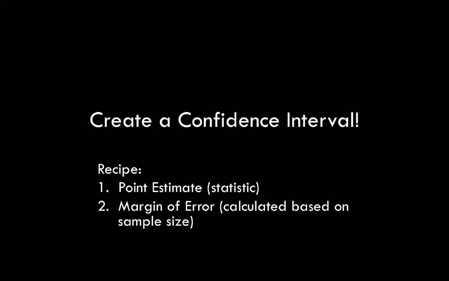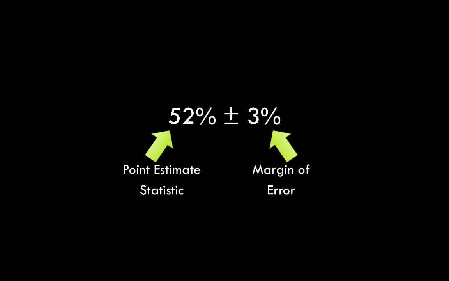We're going to create a confidence interval, and in order to do any confidence interval, we need a point estimate, which is a statistic from a sample, and we need a margin of error, which is calculated based on the sample size. So in this particular example, we have our point estimate, the statistic that was given, and a margin of error that we have estimated. We collected the sample, and we're saying there's a margin of error of about 3% plus or minus.